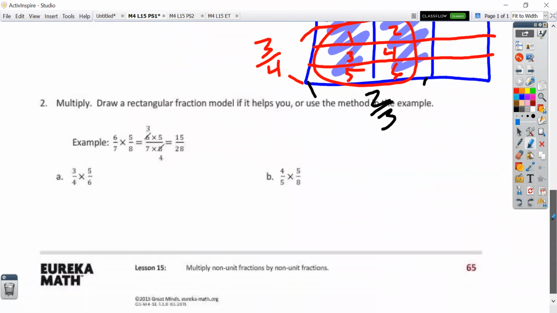All right, so now we're on to question 2. And it says multiply and draw a rectangular fraction model if it helps you, or use the method of the example. So the method of the example is what we do except for this part right here.